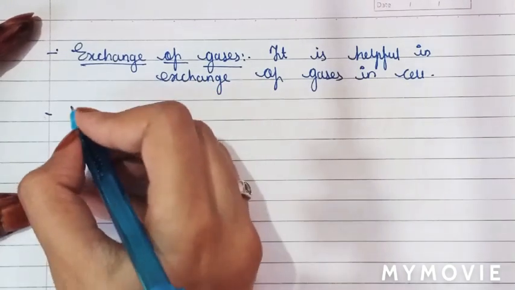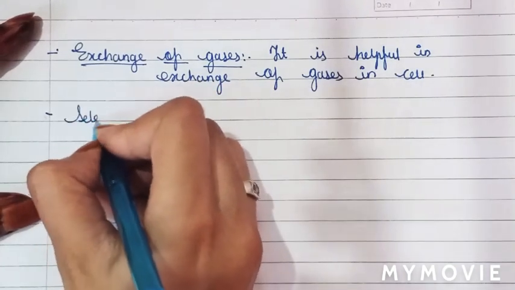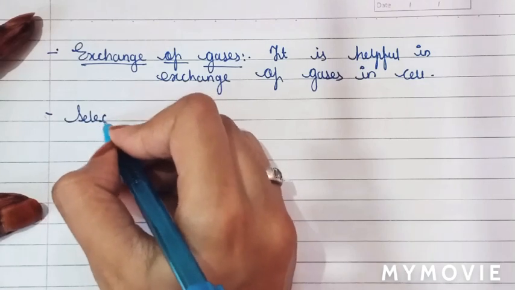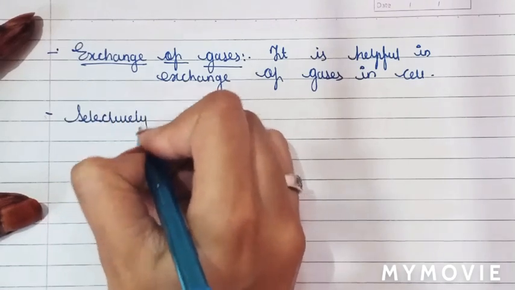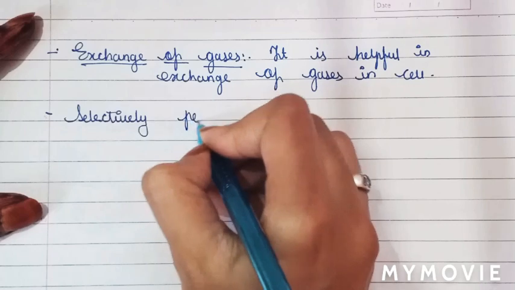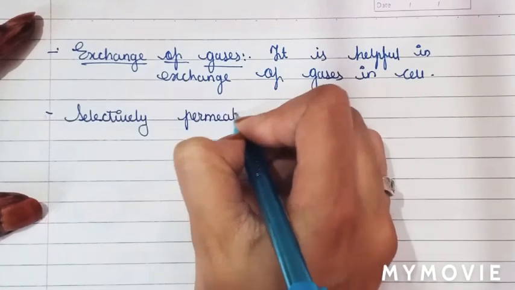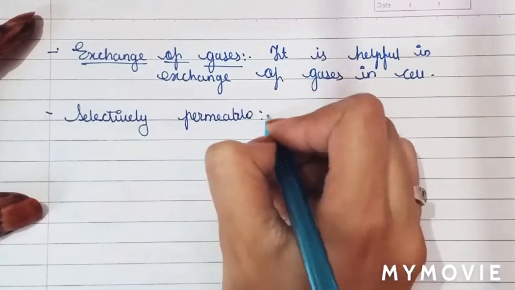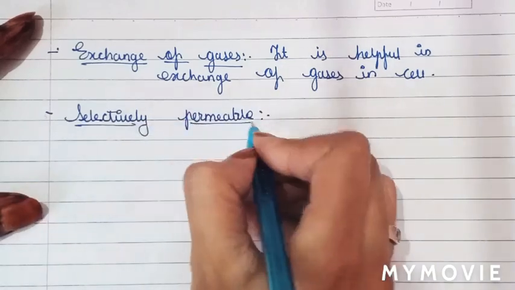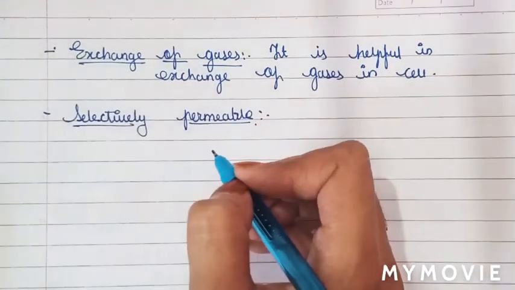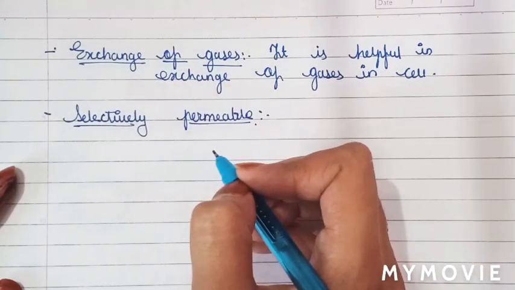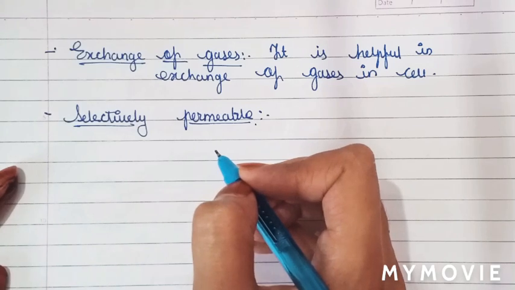Selectively permeable. The plasma membrane is selectively permeable. Means what? We will see. Selectively permeable means it allows certain selective particles to pass through it.